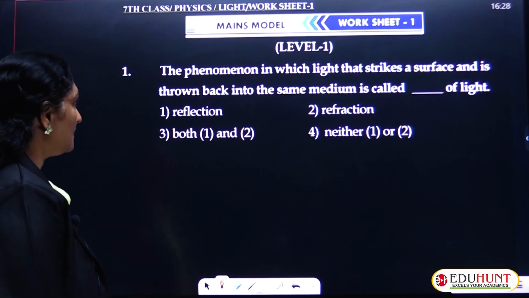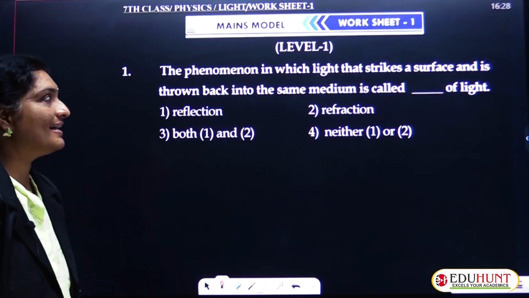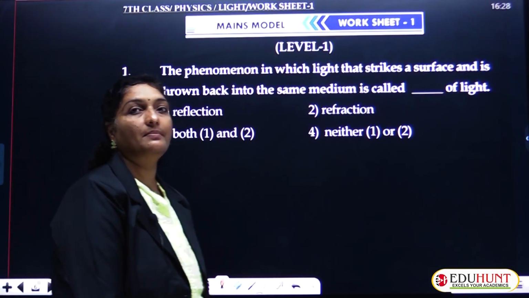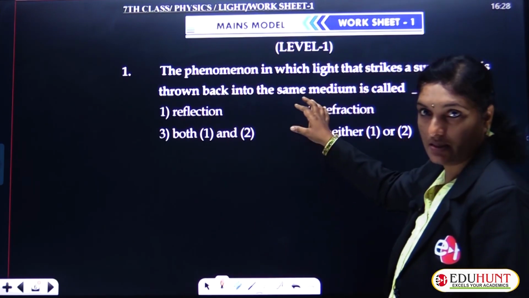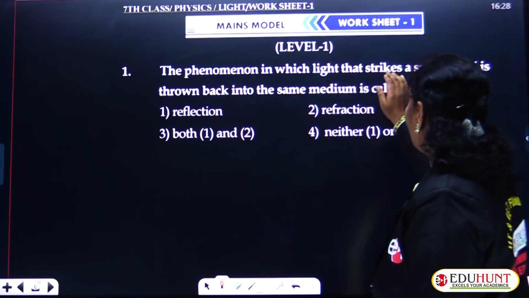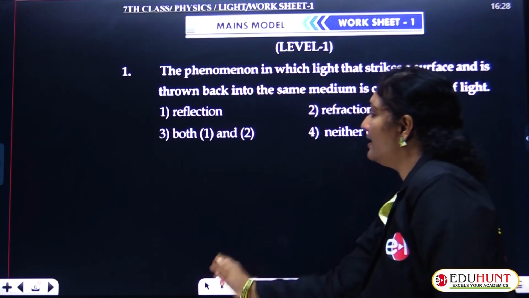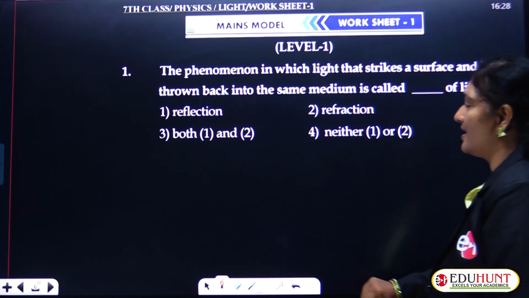Moving to the first question of level 1: the phenomenon in which light that strikes a surface and is thrown back into the same medium is called what? I repeat, the process in which light, after striking the surface, moves back into the same medium, is called what?